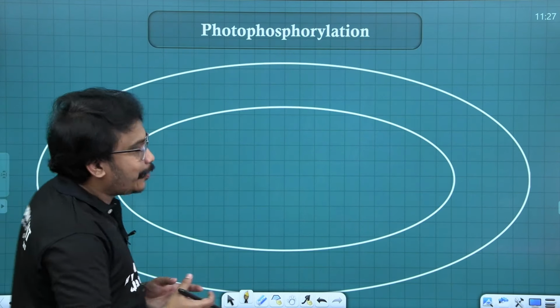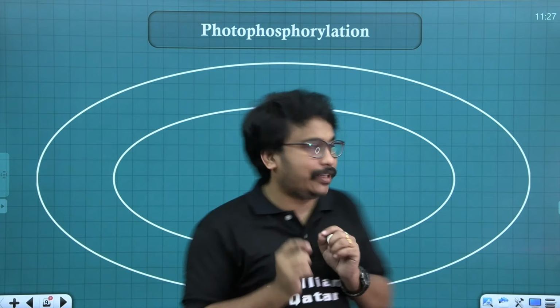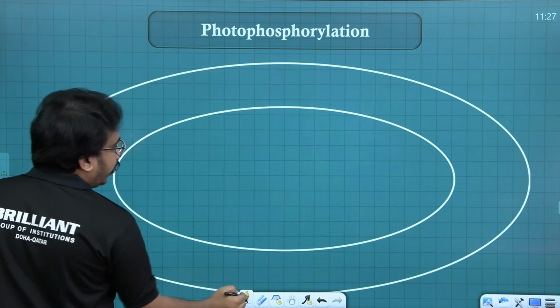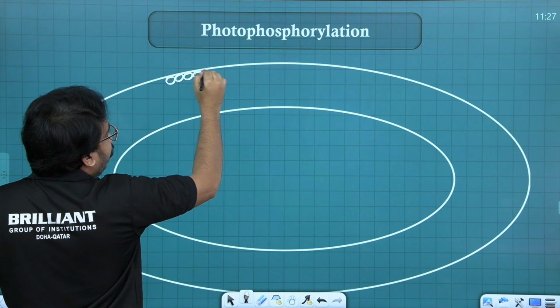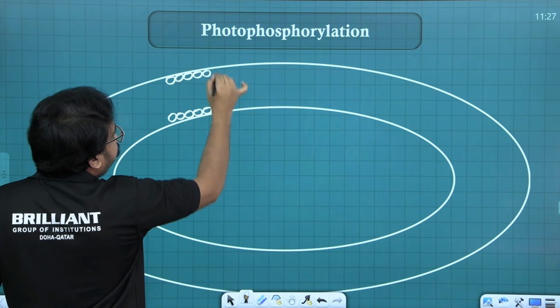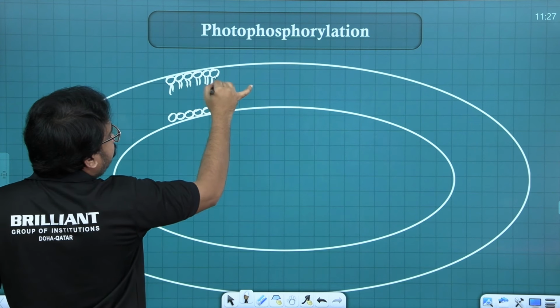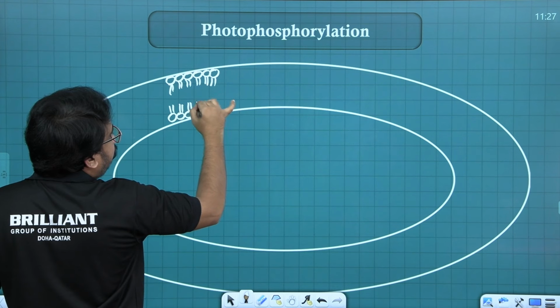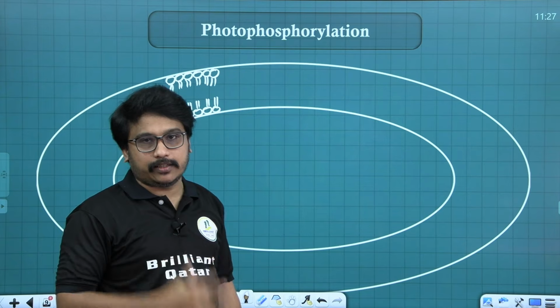So this is a thylakoid that I have drawn separately, one single thylakoid, and this is the thylakoid membrane. On the thylakoid membrane, I'm not drawing the thylakoid membrane completely. So like this, a lipid bilayer is coming. On this thylakoid membrane only, there will be the reaction centers.